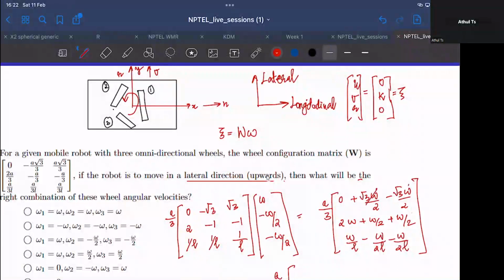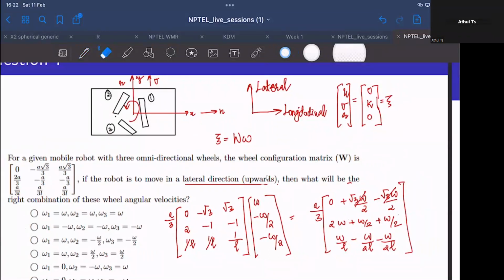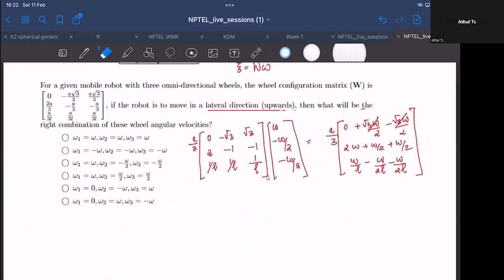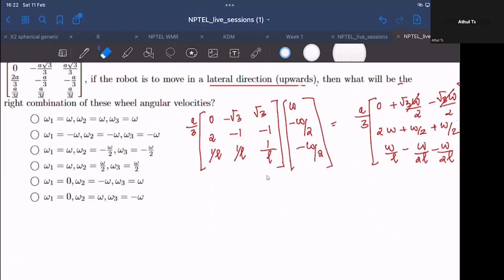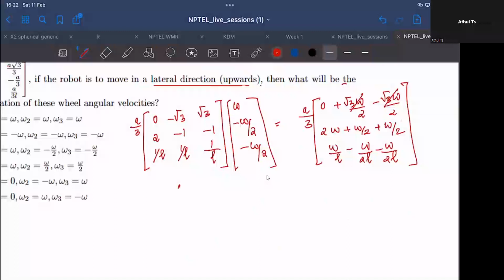These two terms cancel. Sorry, I'm making the same mistake of going out of the window again. Yeah, so if we simplify this, it will be a by 3 times 0 in the first row. And the second row is 3 omega.